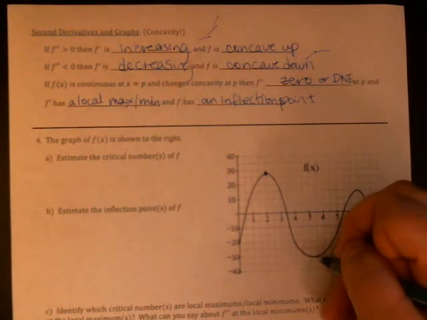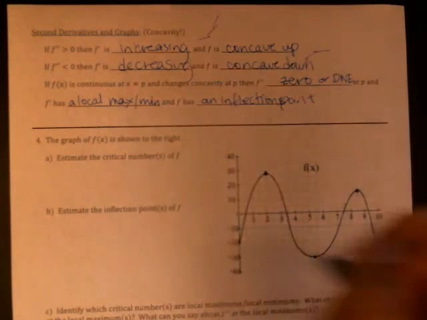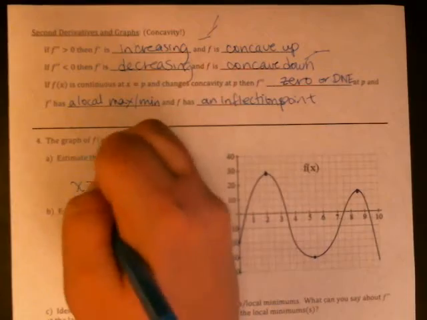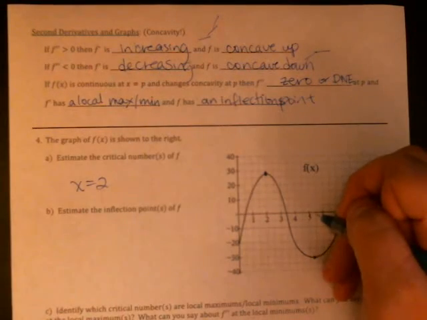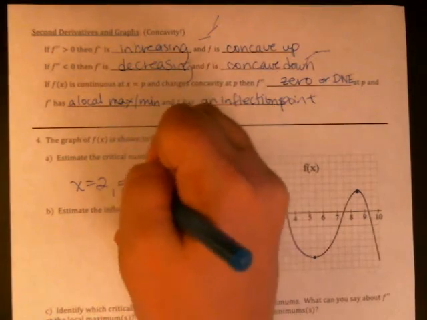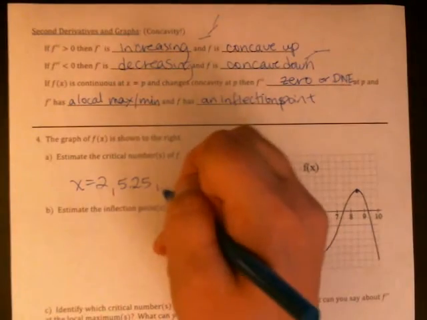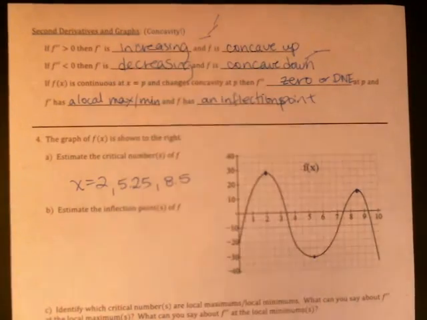Where would I say that flat spot is? Right about there, at 3 different points. So it looks like there are critical numbers at x equals 2, at x equals 5 1/4, and at x equals 8 1/2. Those appear to be the critical numbers.